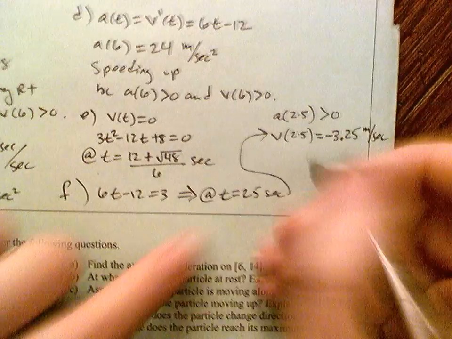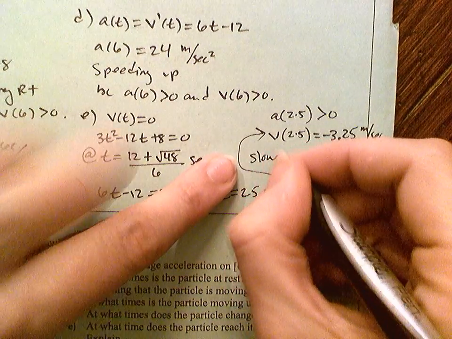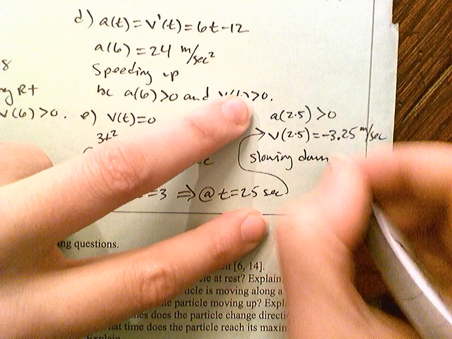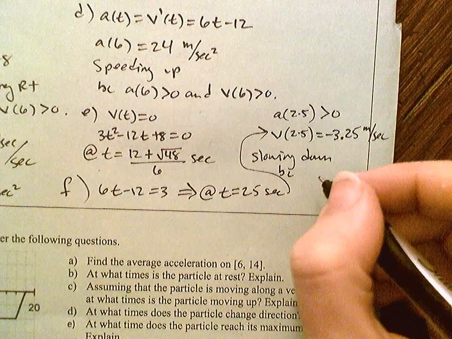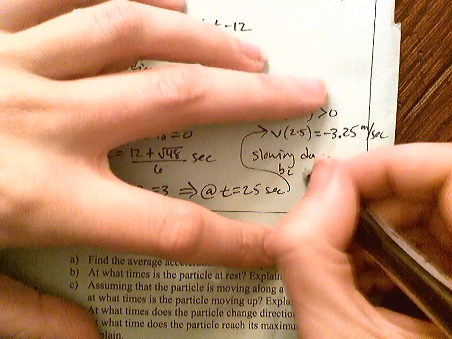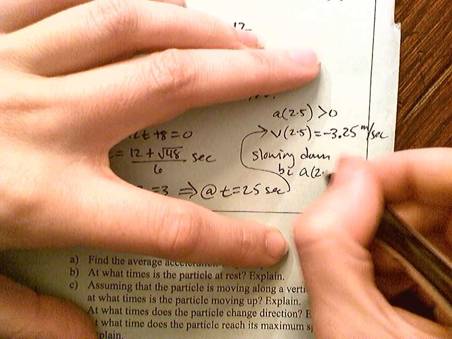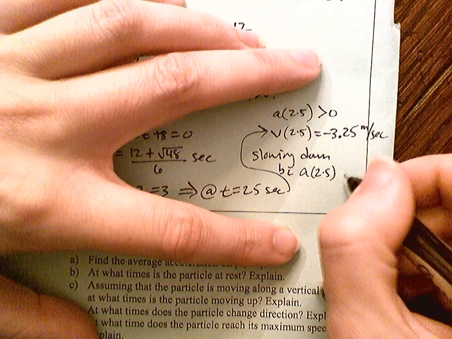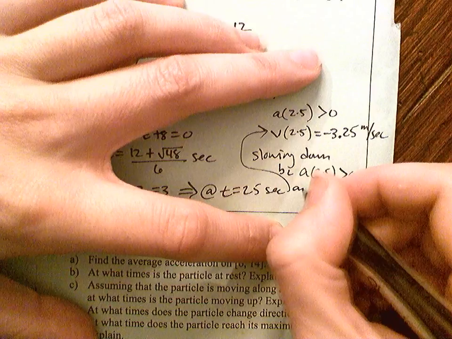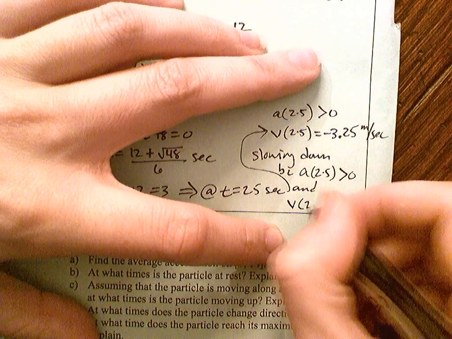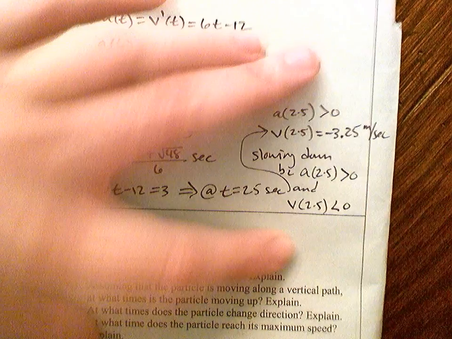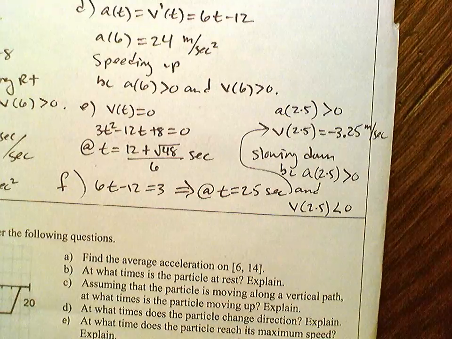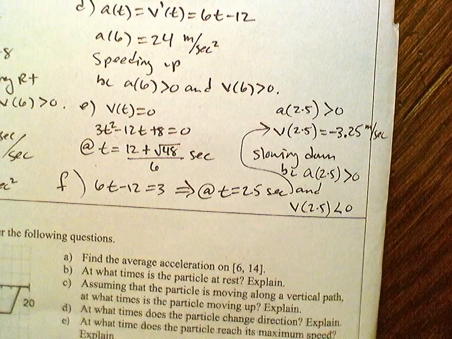All right, so I'm going to say slowing down because a of 2.5, the acceleration at 2.5 is greater than 0, and the velocity at 2.5 is less than 0. Okay, that was a lot to fit in there.